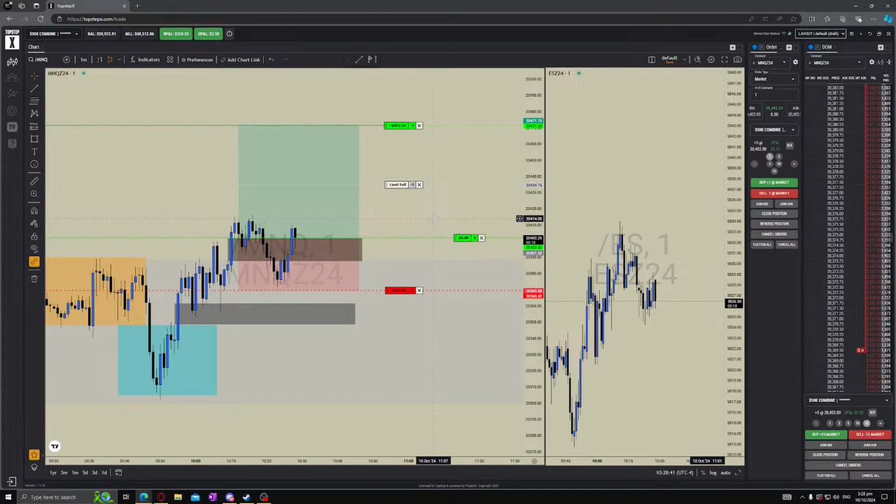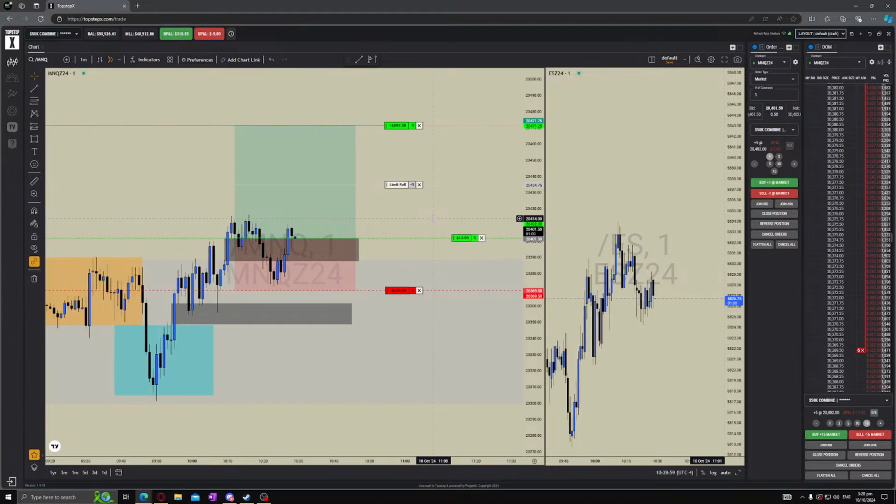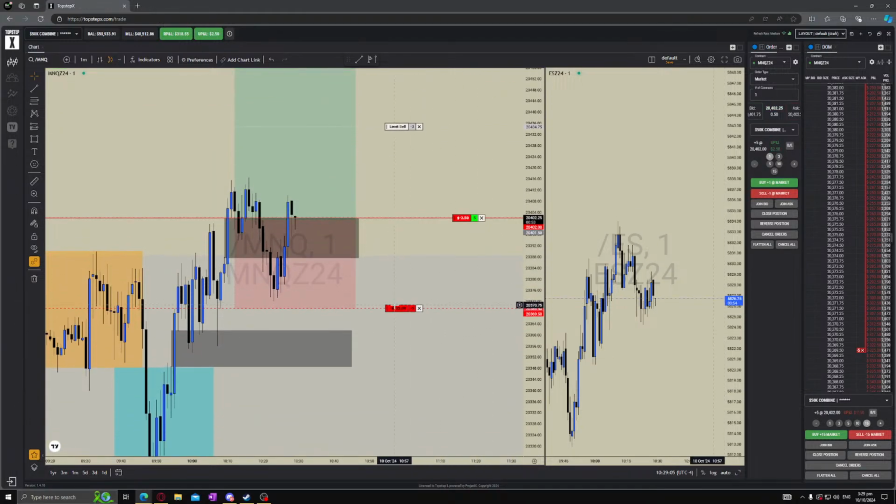NQ is stronger now, which is really nice. It's great for us. Well, I guess we can save some money now because if we go below this low, then we're out. It can save us 20 bucks.